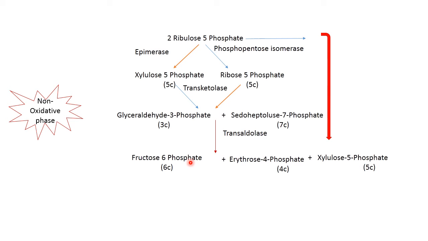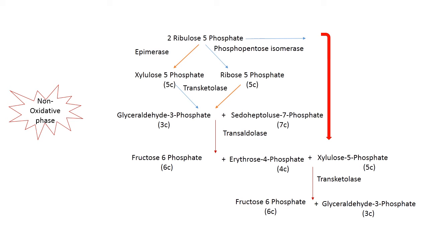Now again the ribulose 5-phosphate may get converted to xylulose 5-phosphate, and this xylulose 5-phosphate may react with the erythrose 4-phosphate to form fructose 6-phosphate as well as glyceraldehyde 3-phosphate. So all of this fructose 6-phosphate and glyceraldehyde 3-phosphate are important intermediates of the glycolytic pathway.